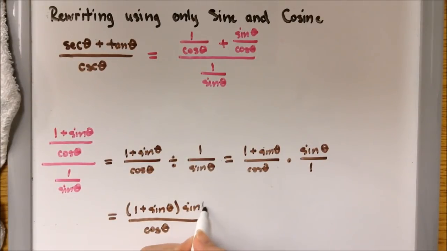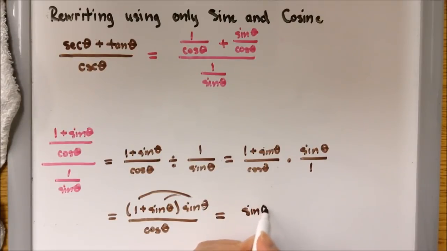Oh, I put my theta right here. So we can distribute the sine theta into everything that's inside the parentheses. So this will become sine theta times 1 would be sine theta plus sine theta times sine theta would be sine squared theta over cosine theta.